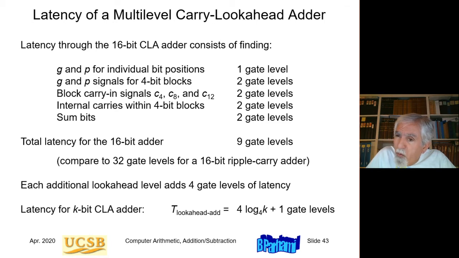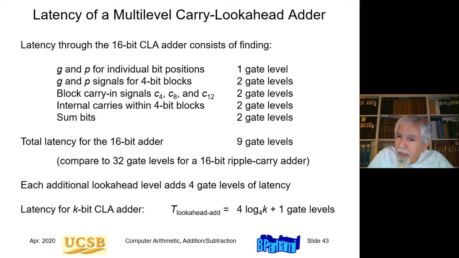So the first number 1 and the last number 2 are common to all adders. Then between these two, we have 2 gate levels for computing the G and P signals for 4-bit blocks, 2 gate levels for computing the block carry-in signals C4, C8, C12, and finally 2 gate levels for internal carries within 4-bit blocks.